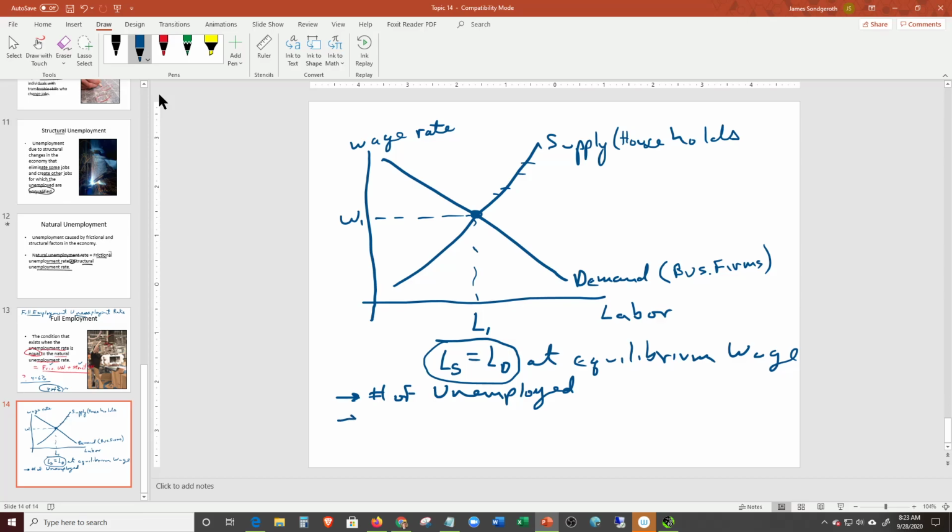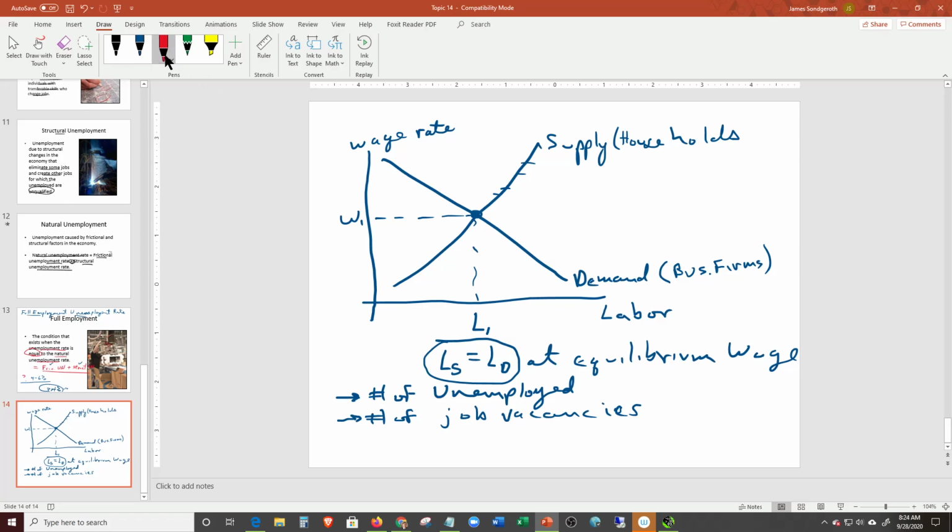But, and this is what I was looking for before from the current employment survey of businesses, and that is the number of job vacancies, the number of jobs businesses have open. And basically, if those two are equal, we say we're at full employment, okay?